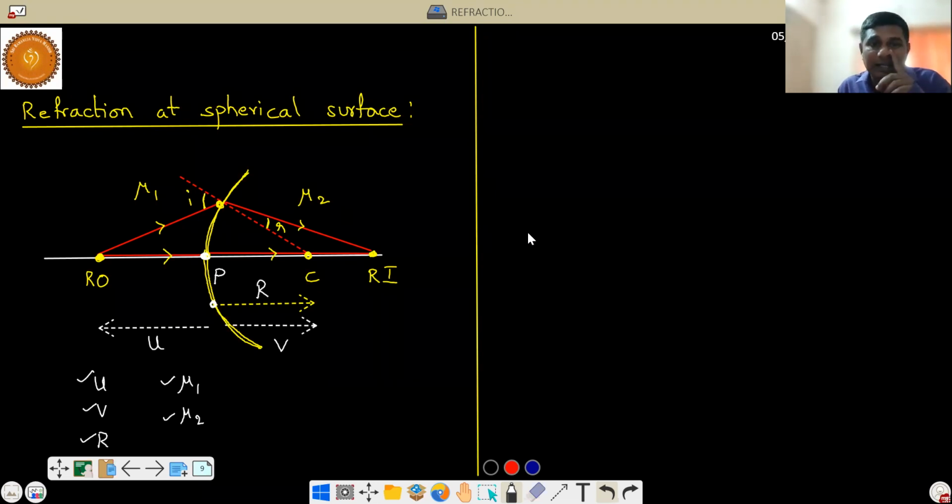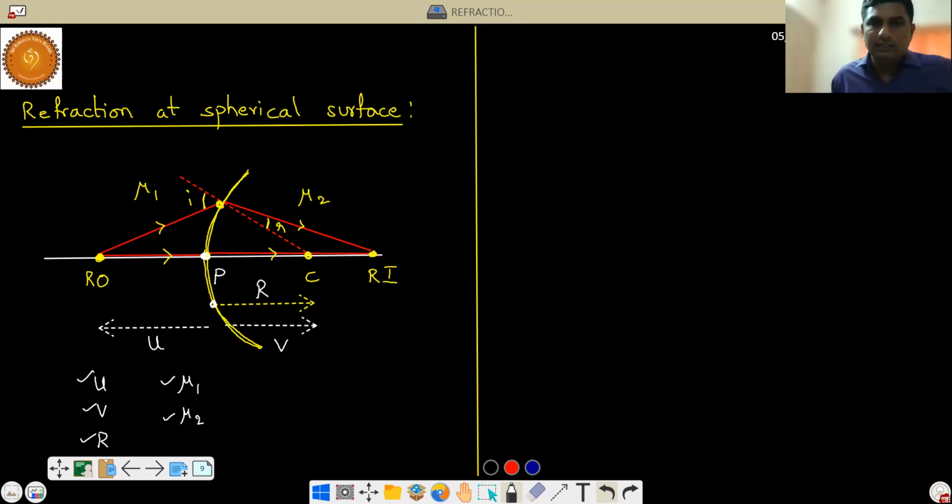Just like we have the mirror formula, in case of mirrors 1 by F is equal to 1 by U plus 1 by V, in a similar way we also have a formula for refraction at a spherical surface. That formula is very, very important. Everybody should learn it by heart.